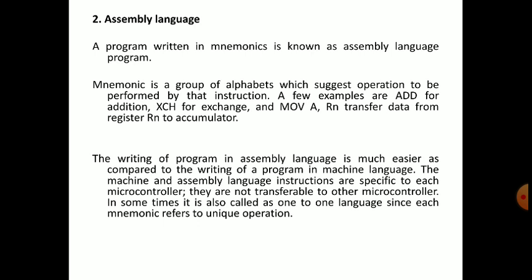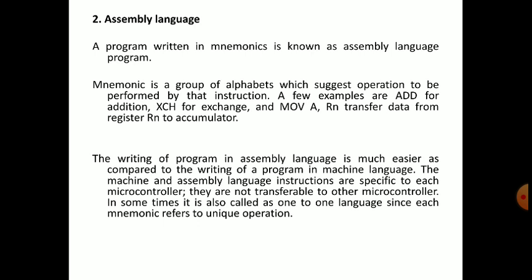For exchange we write XCH, and for moving data from one place to another we write MOV. All of these are in capital English letters; they have to be written in capital letters only.